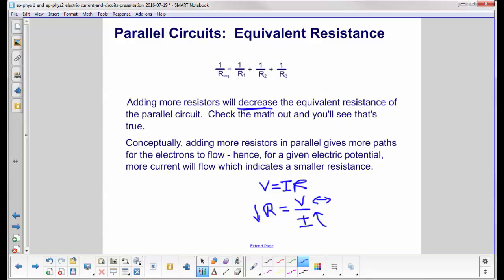Another way to look at that is if there's one line going into the movie theater and you have 100 people online, it takes a while before they get through. There's a large resistance to those people getting into the movie theater. What if you now have 10 openings, 10 different lines they can go on? People will get through much quicker. So you have a greater current of people and a smaller resistance to them getting into the movie theater.